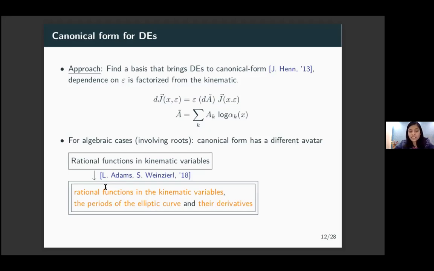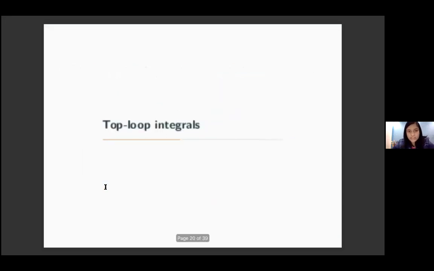They say that if you relax the condition that the transformation from your IBP basis to your desired basis J has to be only rational in the kinematic invariants, but allow it to also contain the periods, which are transcendental in nature, and also the derivatives of the periods, then you can have a canonical form for these complicated cases too. With all these tools and technology.